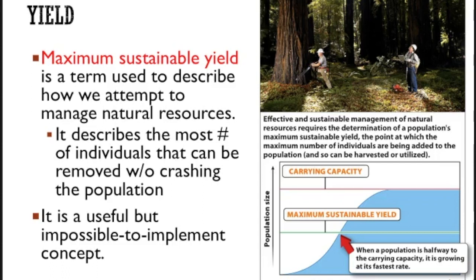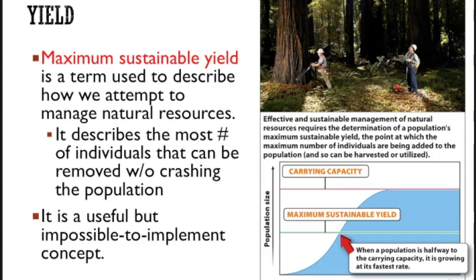And so population ecologists have come up with the concept of maximum sustainable yield. Maximum sustainable yield is a way of effectively managing our resources in such a way that we have lots of individuals being born into that population without causing that population to crash so drastically that it takes a long time for it to recover.